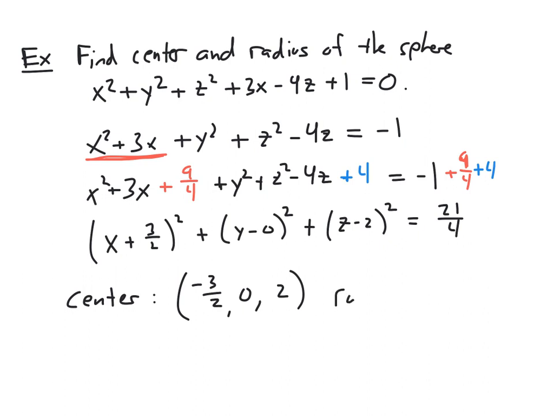And the radius is going to be the square root of 21/4, which, if we wanted to simplify a little bit, would be the square root of 21 all over 2. And so anytime we have a sphere, we can always use completing the square to get it into what we might call standard form, and then read the center and radius off from that form.